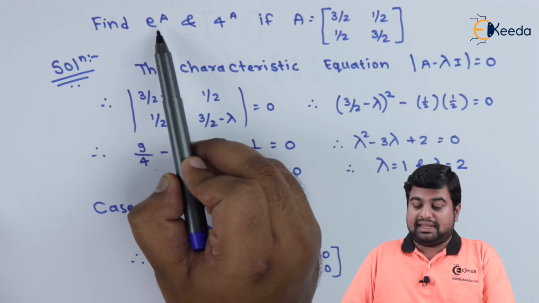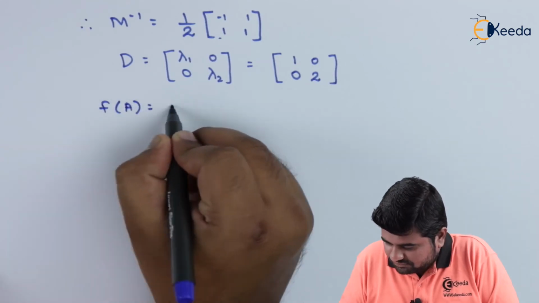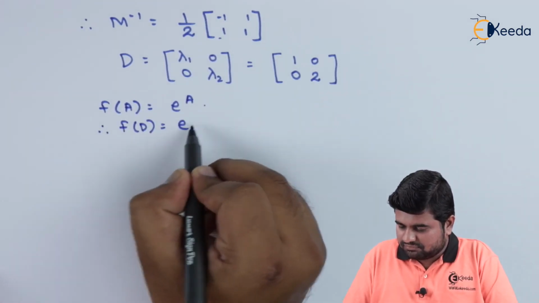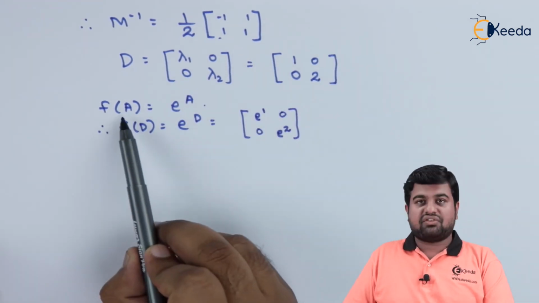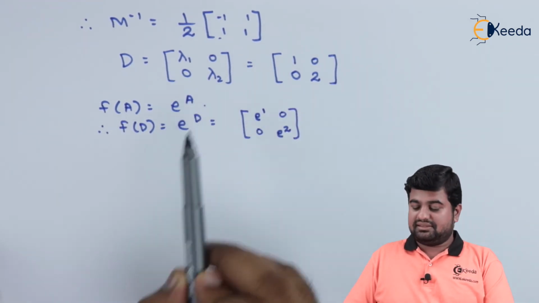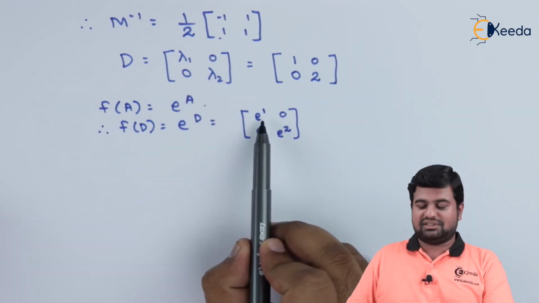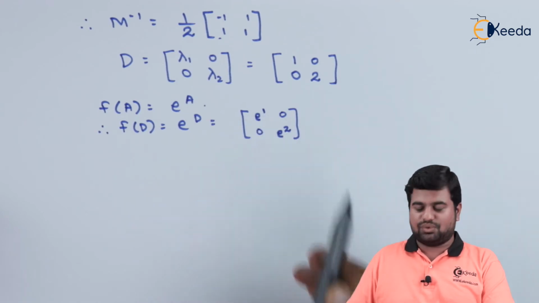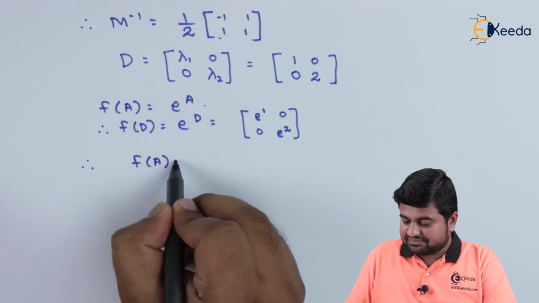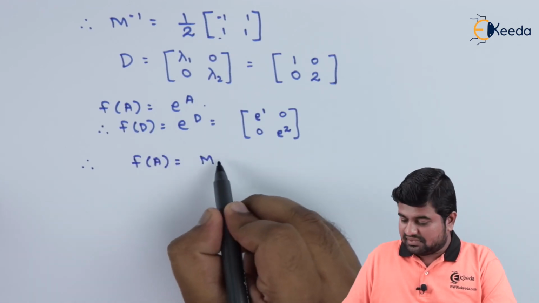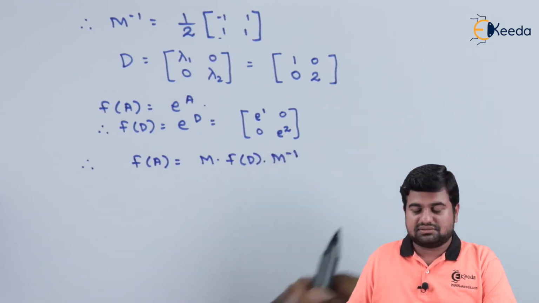In order to calculate this e raised to A, I am going to apply it on diagonal matrix D. So we have got f of A as e raised to A, therefore the function D, e raised to D, is applied only on the diagonal elements, which is e raised to 1 and e raised to 2. We have got f of A as M into f of D into M inverse.